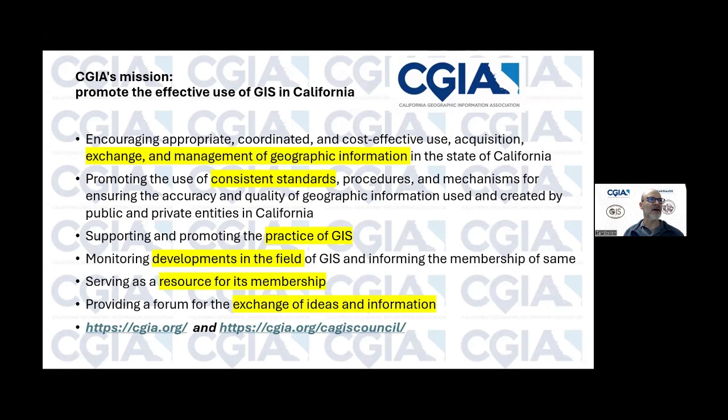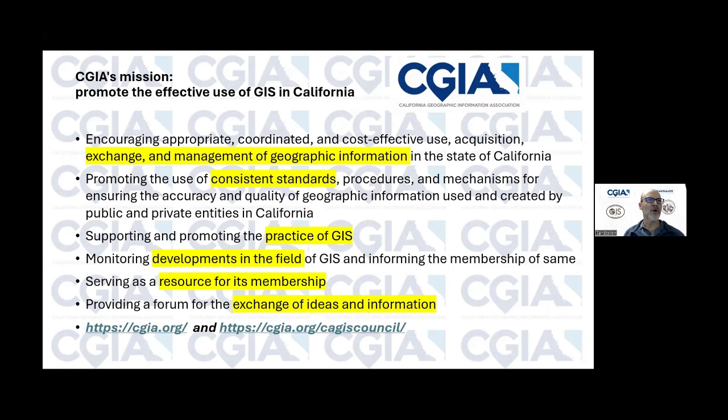So a little bit about CGIA's mission, which generally is to promote effective use of GIS in California. I have highlighted a few things. We promote the exchange and management of geographic information in the state of California, including trying to advance the spatial data infrastructure.